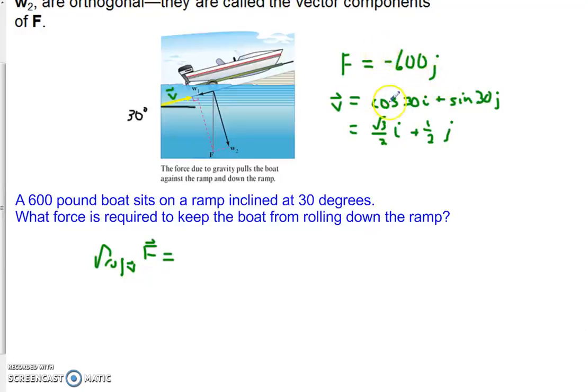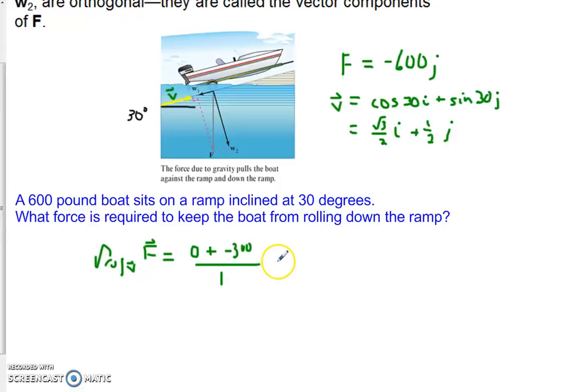So it's 0 times cosine of 30, which is 0, plus negative 600 times 1/2, which gives me negative 300, over the magnitude of v. Well, v is, remember, a point on the unit circle, right? It's a unit vector. And so the magnitude of that is going to be 1, which is really nice. It saves us some time.